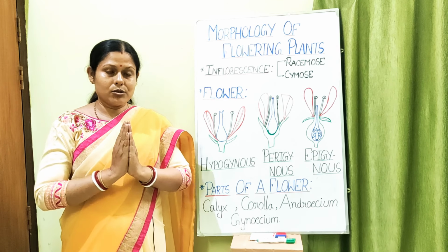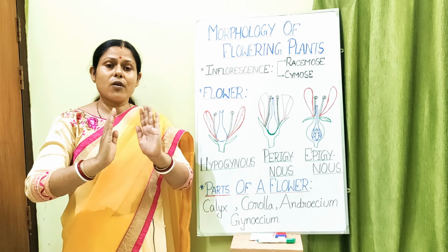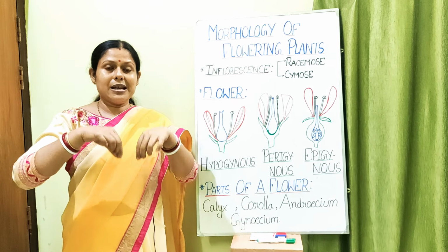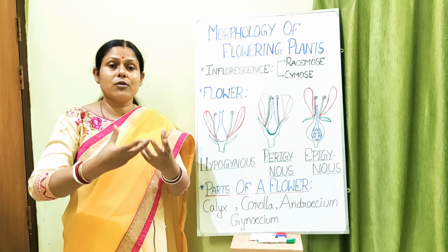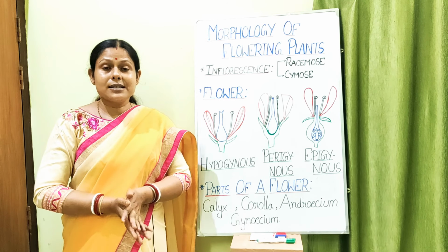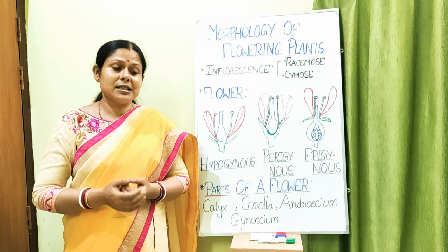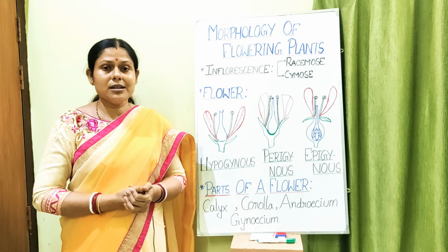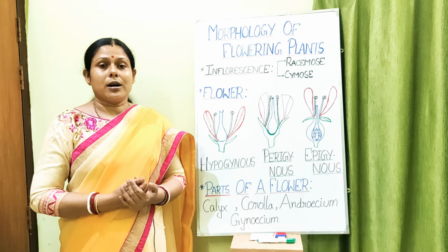Many carpels united together, they may be united throughout, that means ovary, style and stigma of all the carpels united together, but the stigma is separated so that pollen can separately enter into the chambers and fertilization can take place, or they may unitedly form a single stigma by the dissolving of the internal wall or the septum, and this way many pollen grains can fall and germinate, and then fertilization can take place inside the different compartments of the different ovaries. Okay, it depends. Okay, so again syncarpous and apocarpous.